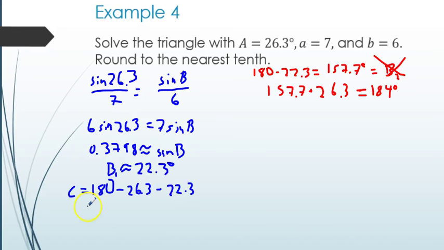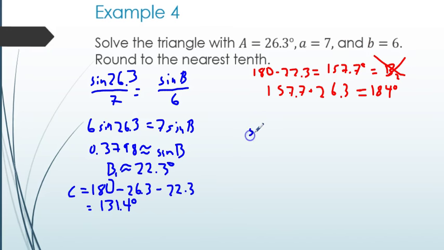And that's going to equal 131.4 degrees. So now we know all three angles, angle A, angle B, angle C. We know side A and side B, but we still need to find side C. So I'm going to find that using law of sines again.